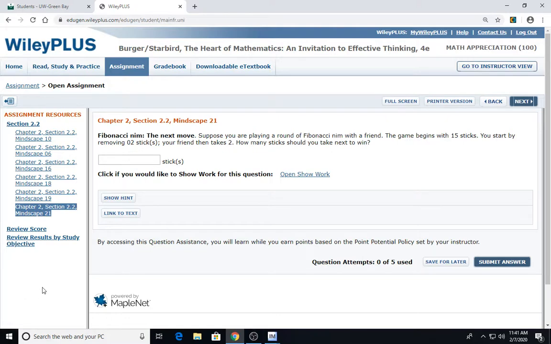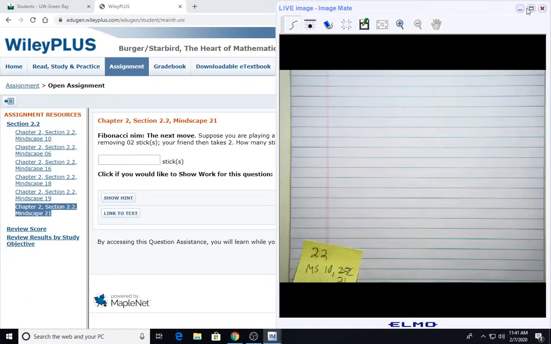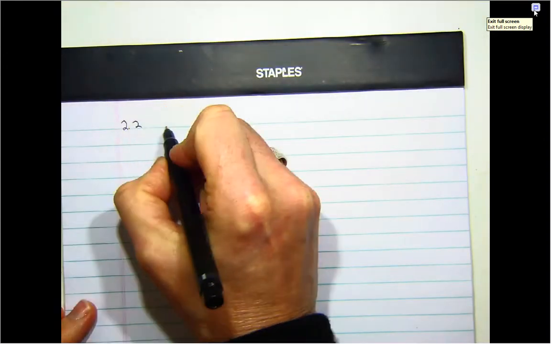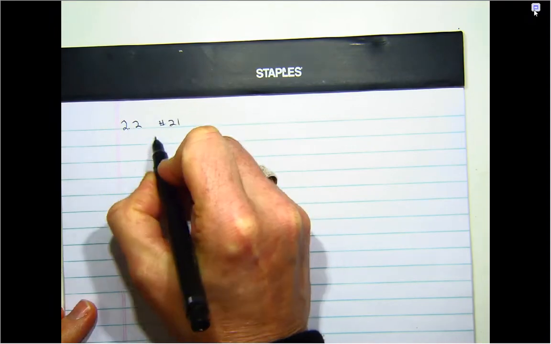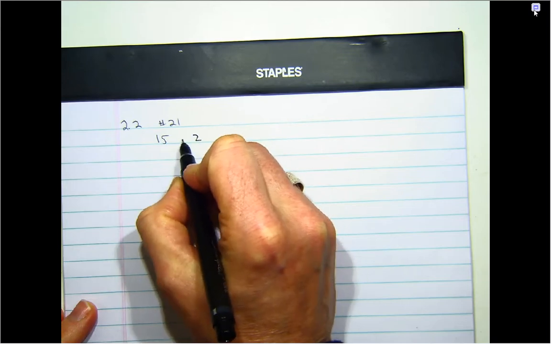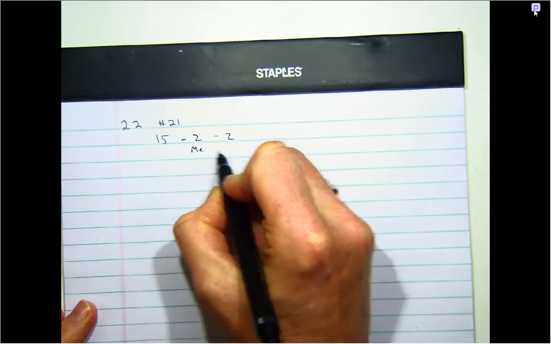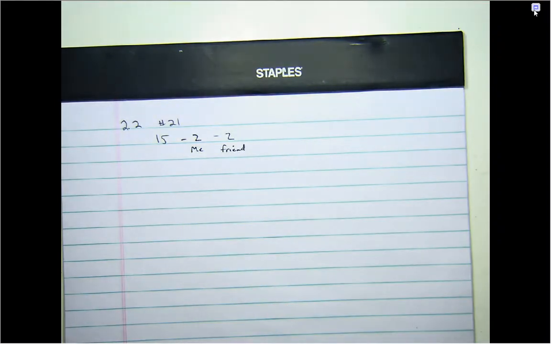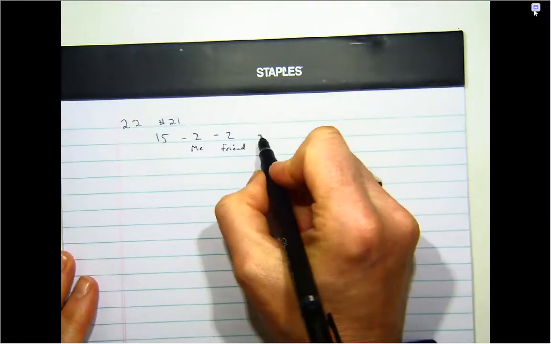So I'm going to write that down and work on it on paper. So I take 2 sticks, and the friend takes 2 sticks, and that means now there are 11 sticks.